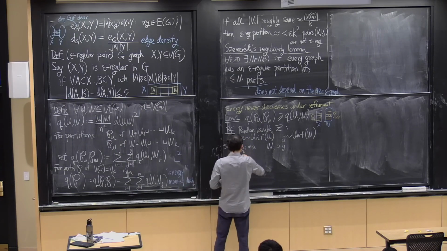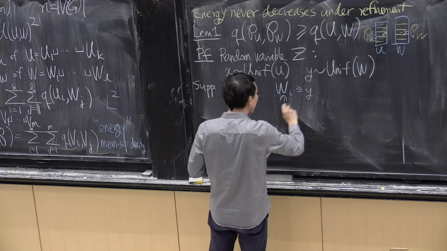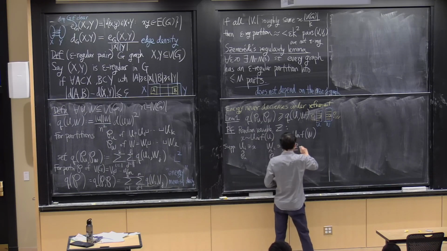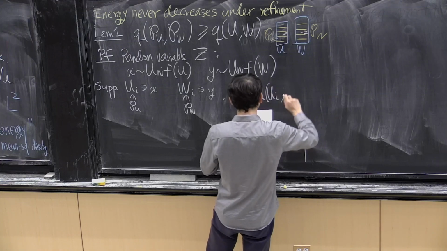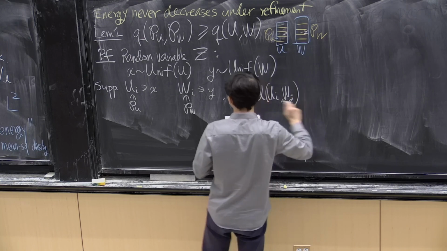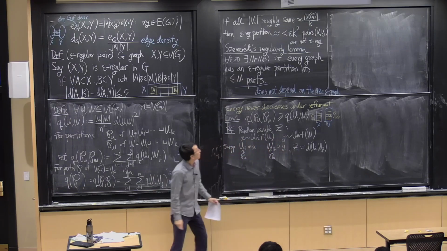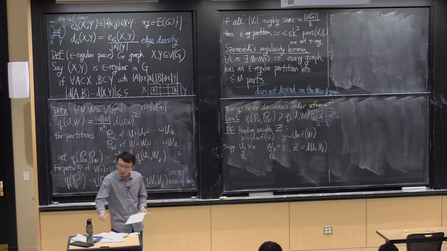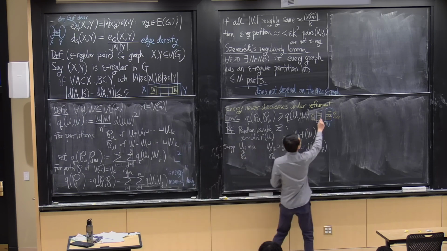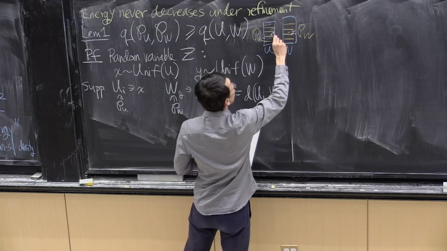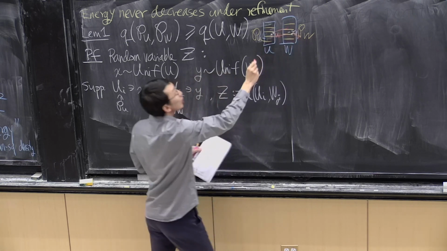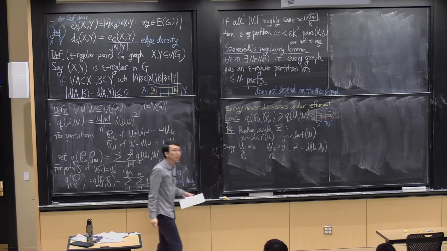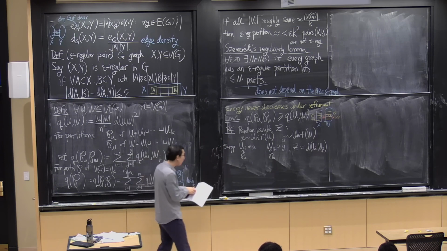Right, so Ui is a member of this partition, Wj is a member of the other partition of W. Then I define my random variable Z to be the edge density between Ui and Wj. Okay. So that's the definition. So I randomly pick x, randomly pick y. Suppose x falls in Ui, suppose y falls in Wj, then Z is the edge density between these two parts. Okay, so Z is some random variable.